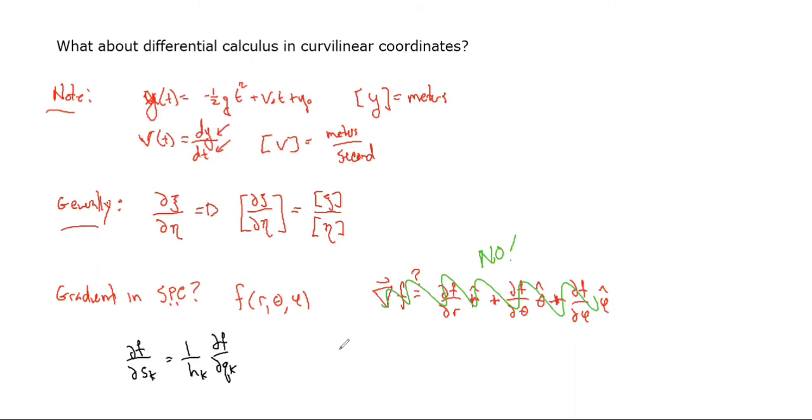And this is a little bit of notation where s_k has units of length. So the s_k's are going to be the actual lengths. So for instance, ds_k would be h_k dq_k, right?